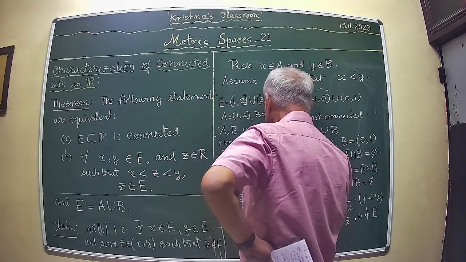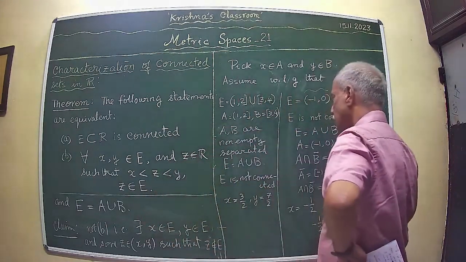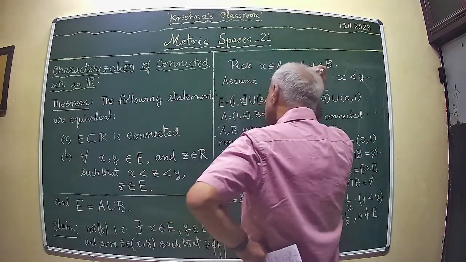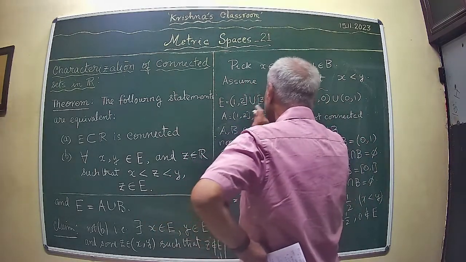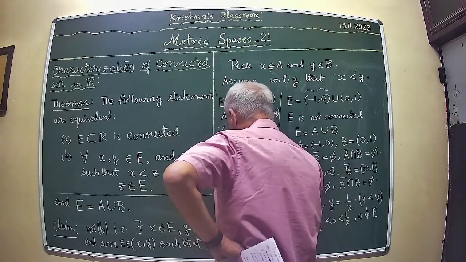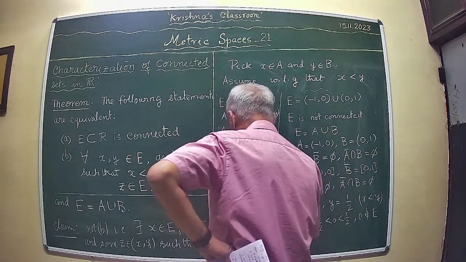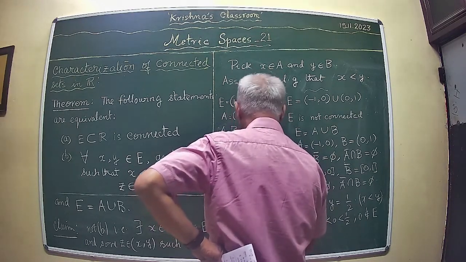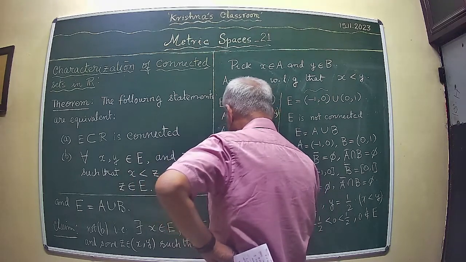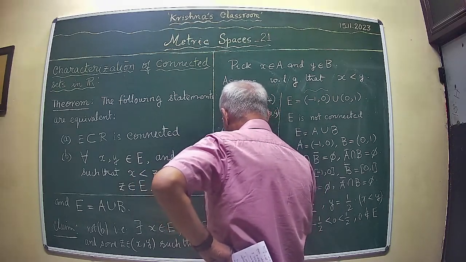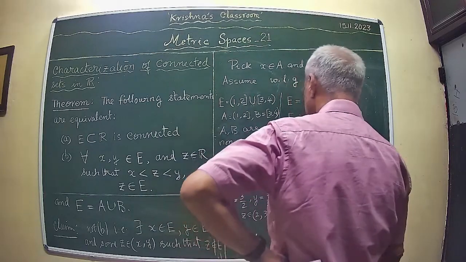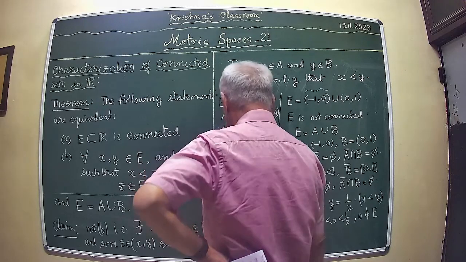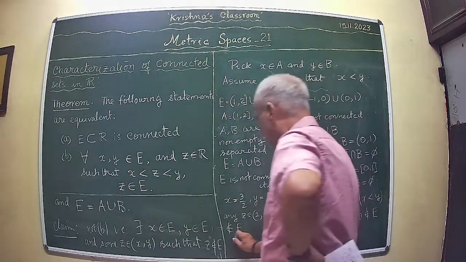Okay. Now you see that there are a lot of elements. So any Z belonging to (2, 3), Z in (2, 3) does not belong to E, therefore once again E is not connected.